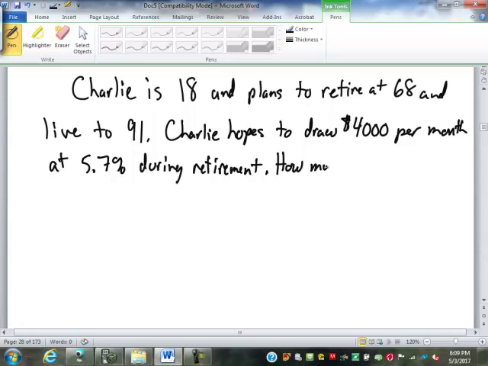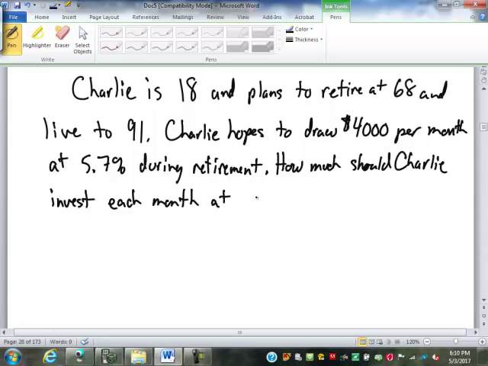How much should Charlie invest each month at 11.2%?